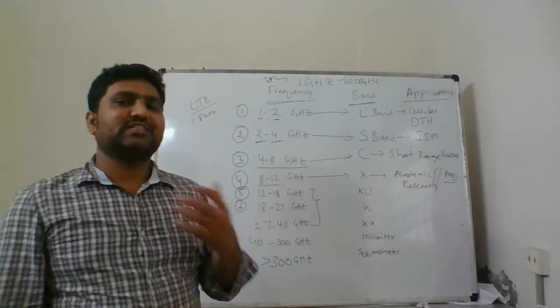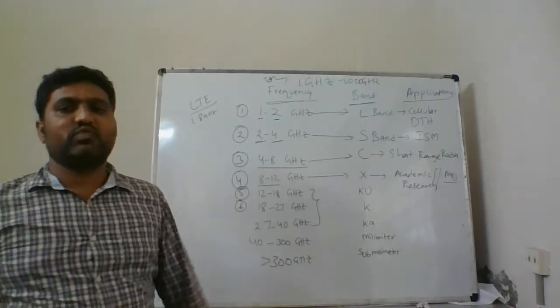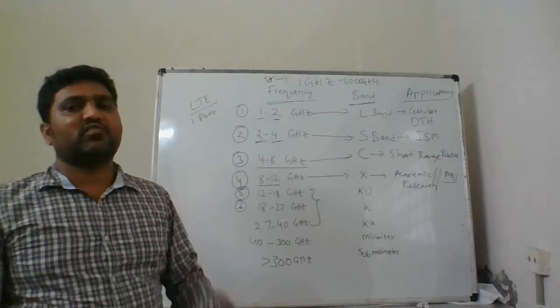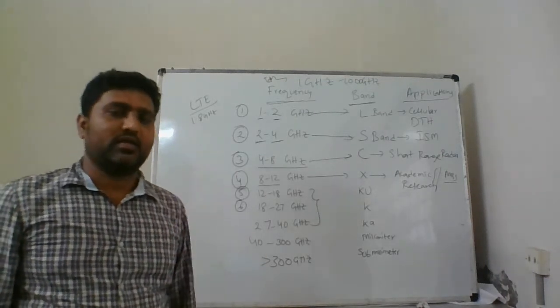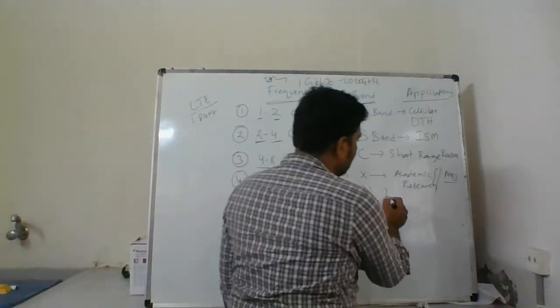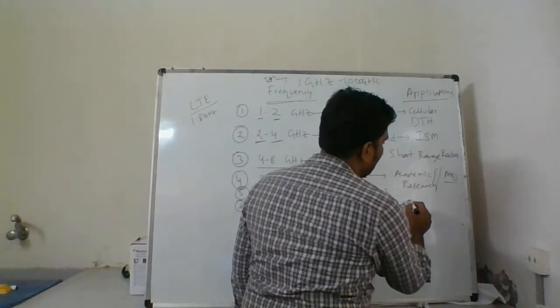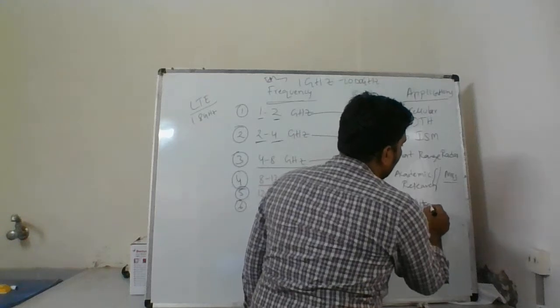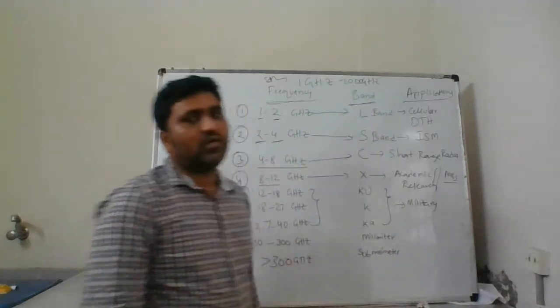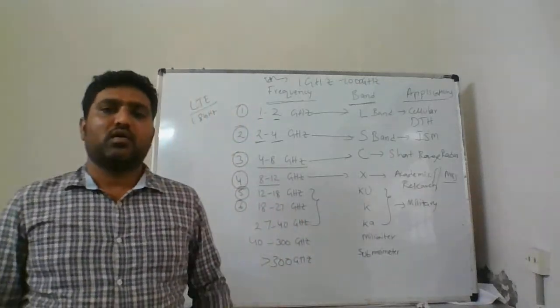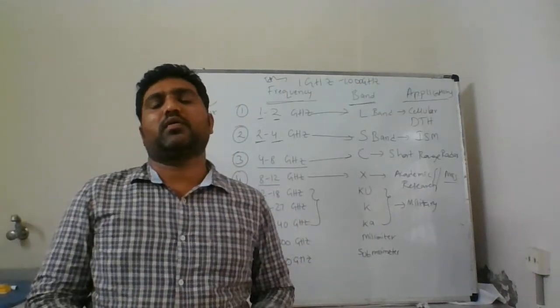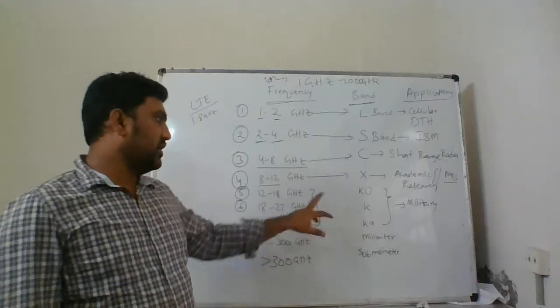Because the frequency range of these microwave signals is very high, the energy carried by these signals is very high. Therefore, these three bands are especially useful in military warfare systems, in order to detect and destroy the opposition's vehicles, missiles, or targets.